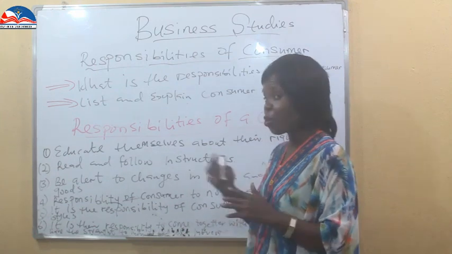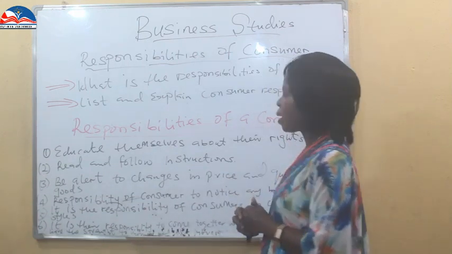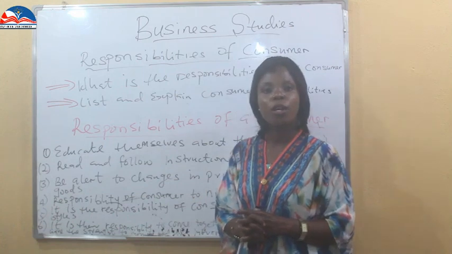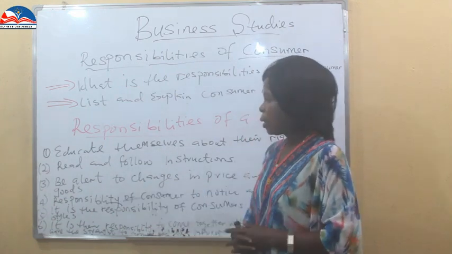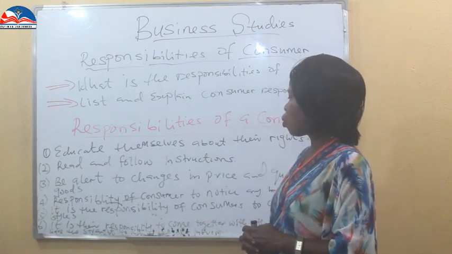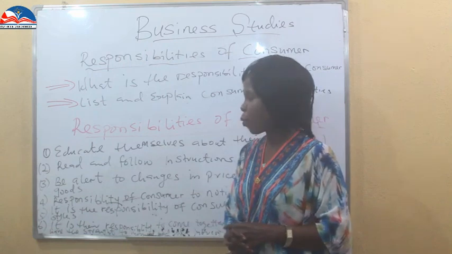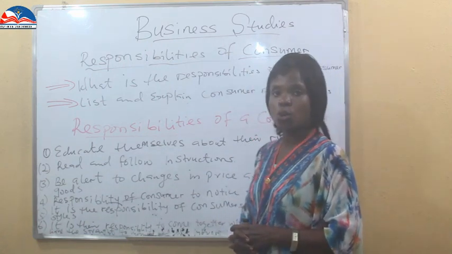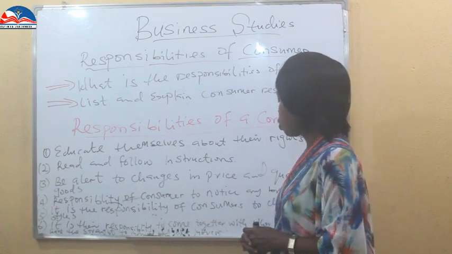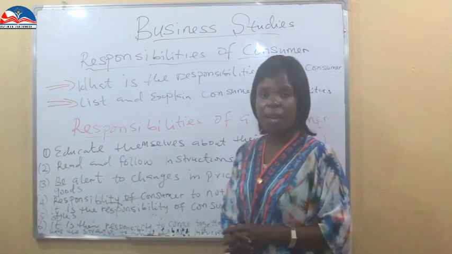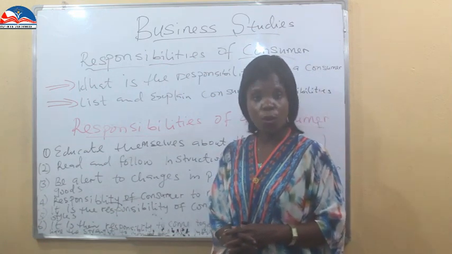I'm going to list it, then go into explanation. Three, be alert to changes in price, quality, and quantity of the goods you want to buy. The fourth one is the responsibility of a consumer to notice any breach in the products being sold to him or her. Then the fifth one, it is the responsibility of consumers to check their lifestyles, their life pattern, what they shop for, and what they want.